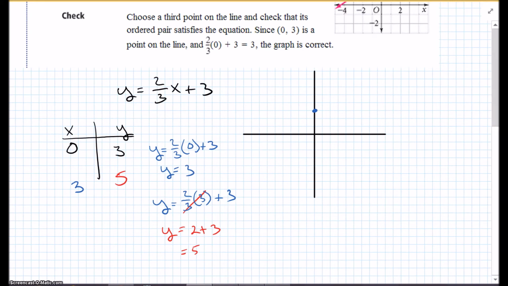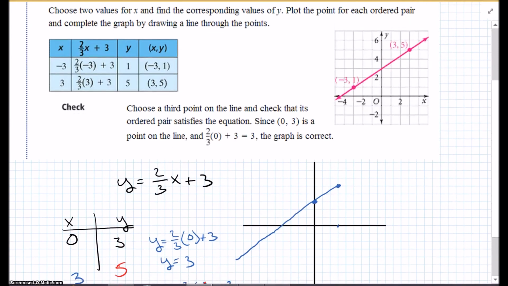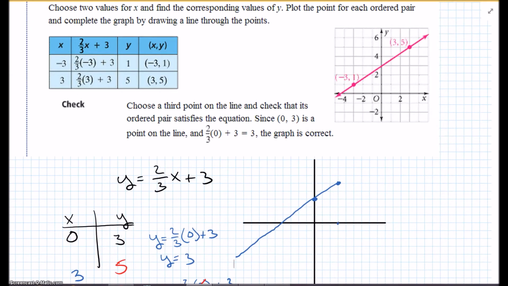So when x equals 3, y equals 5. Now we have two points, so we can easily graph. There's our line. You can see it looks just like the one in the book. Again, the most important thing is to find easy points to check.